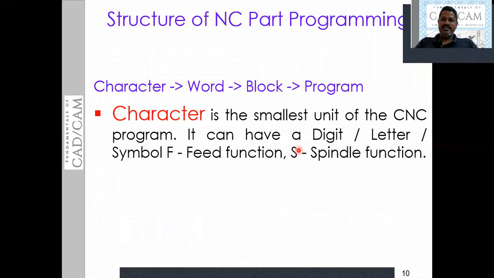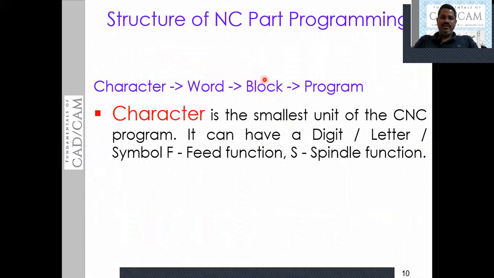Part programming, as I said just now, consists of characters. If we combine characters, we form a word, and if we combine words together, we form a block, which is responsible for one action. One block of statement is responsible for one action, one operation on the machine tool.